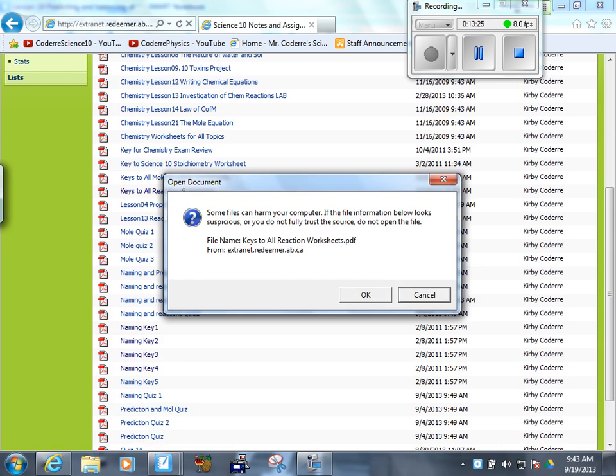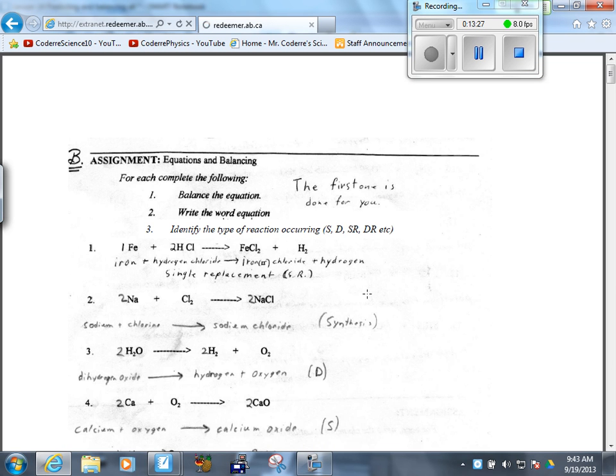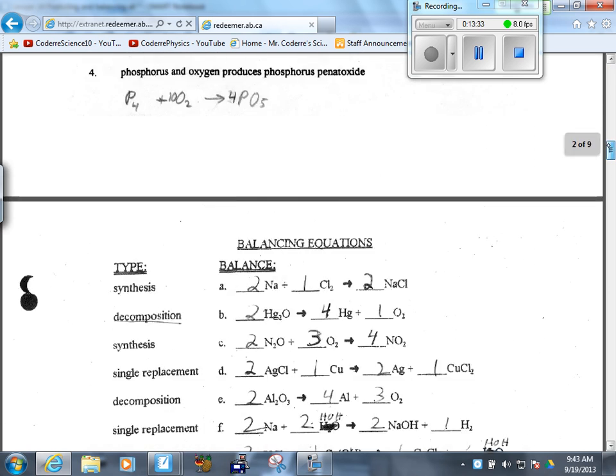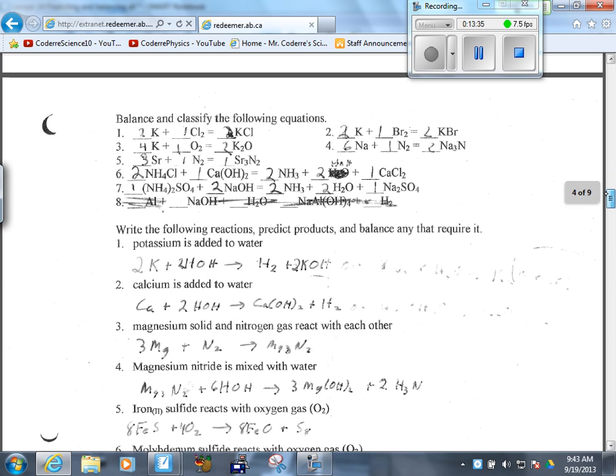It's keys to all reaction worksheets right there. You just have to scroll through till you get to the right one. So it is all there. I don't know what happened over here, but it's all there. So you can check it on yours.